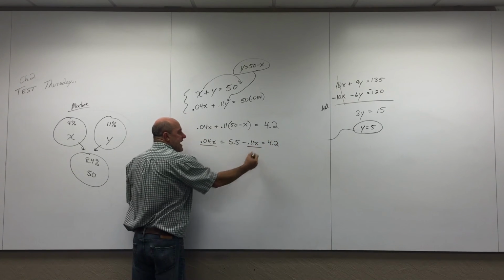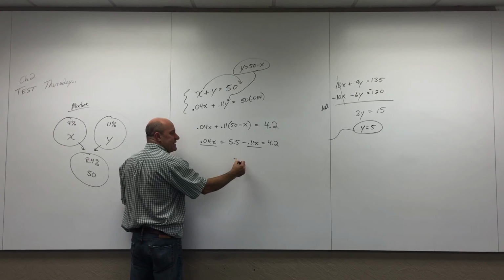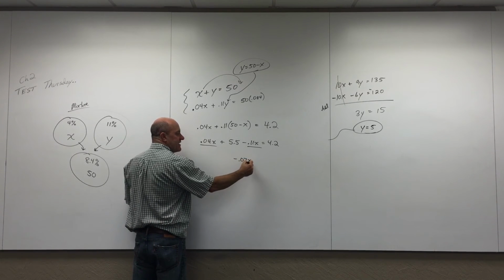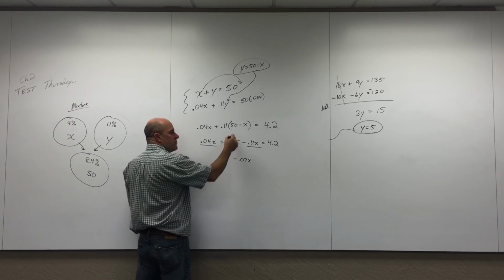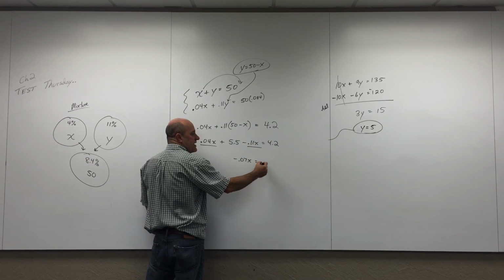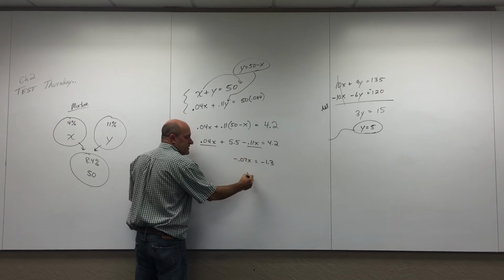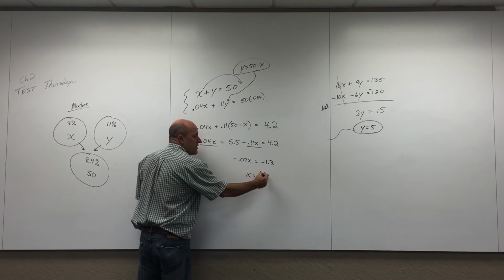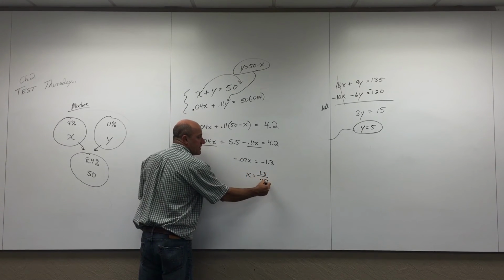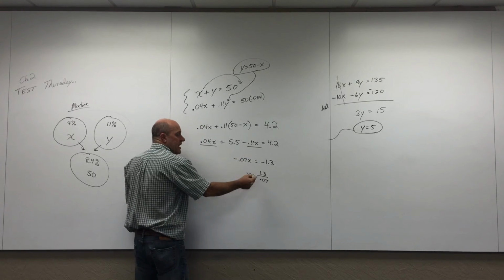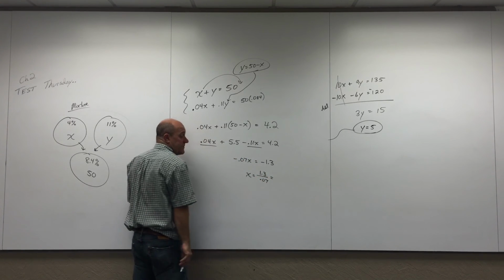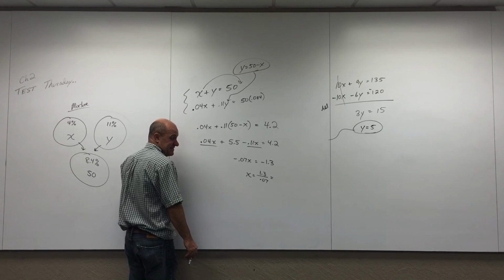When you combine these x's, you get a negative 0.07x, I think. And when you move the 5.5 over, you get a negative 1.3. I don't think this is going to be the prettiest number, but here it is. It's 1.3 over 0.07. The negative signs cancel, and this is a positive number. What is it? 18.5.